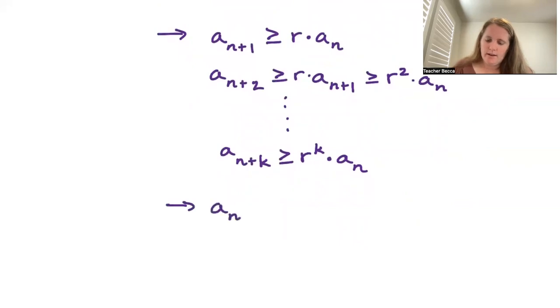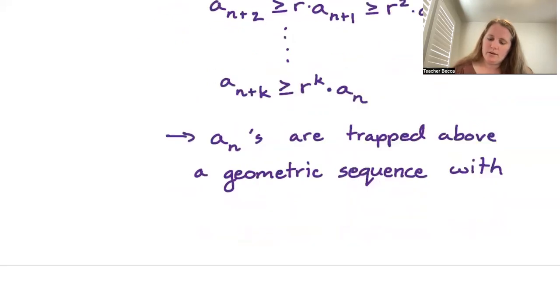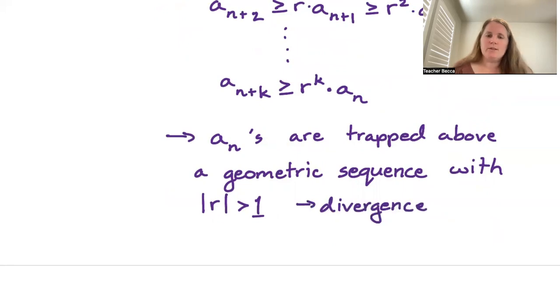So essentially the a sub n's are trapped above a geometric sequence with absolute value of r greater than 1. And when we have that absolute value of r greater than 1, then we have divergence for our geometric sequence. And so we get that our sum from n equals 1 to infinity of a sub n diverges in this case.